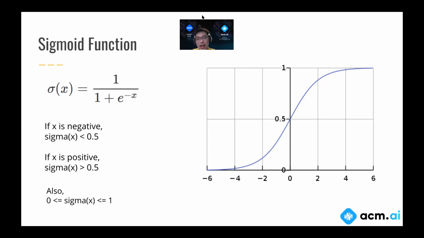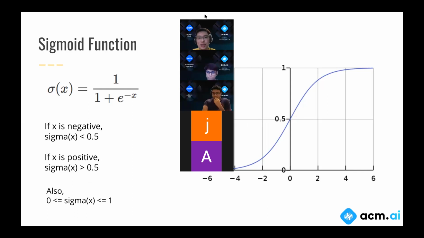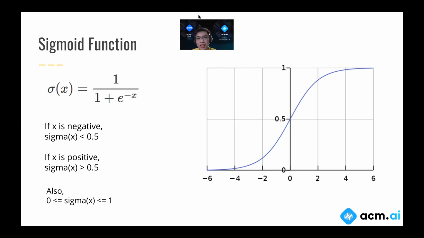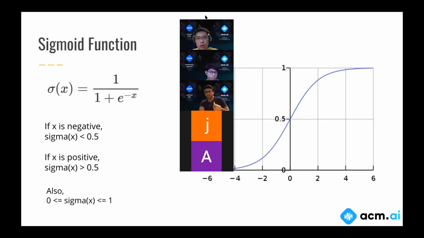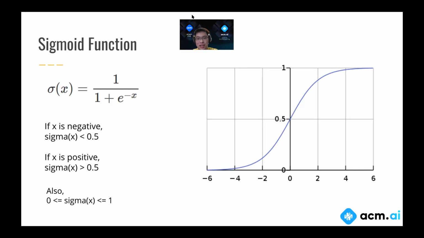It really depends how the variable is defined. Like cloud coverage, if 10 is a lot of cloud coverage, then maybe you want to classify that as it will rain. But if it's not a lot, then you could classify it as not going to rain.